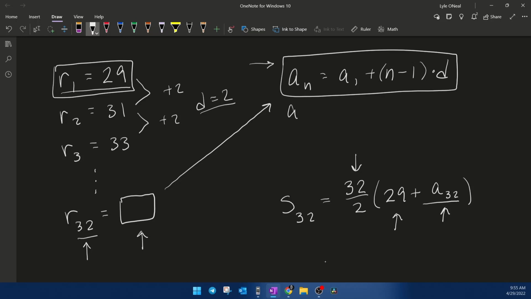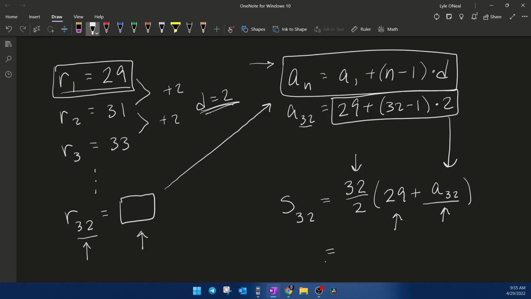Plugging in. We need the 32nd term. I know the first term. n is 32 in this case. And I also know the common difference. So calculating this value will give me the last piece of the puzzle so that I can get the sum.